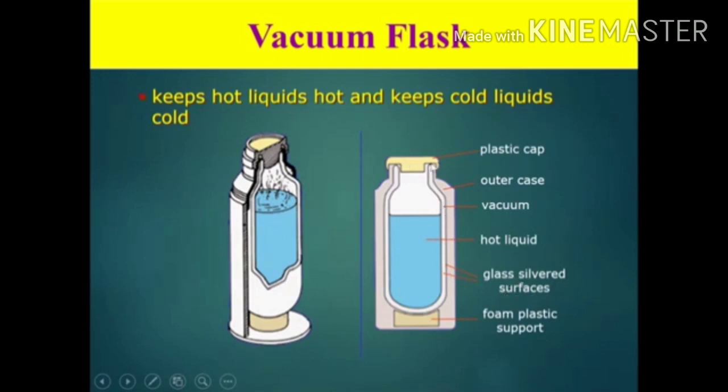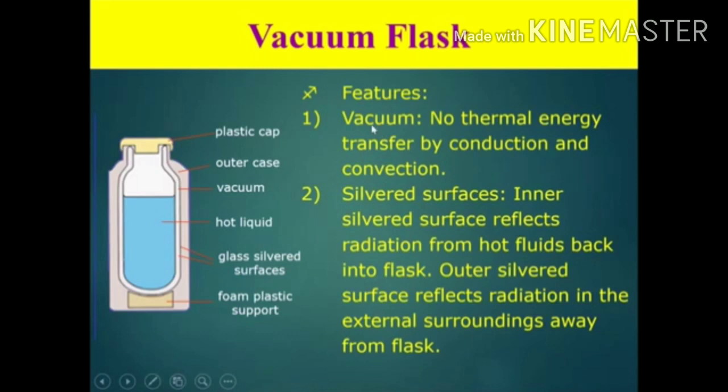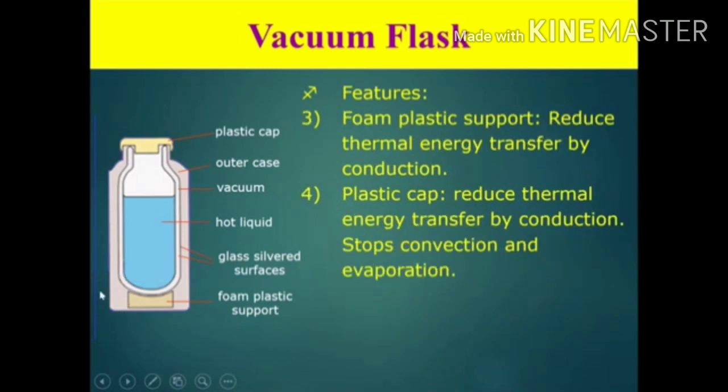The silvered glass surfaces reflect the radiant heat back to the liquid in the bottle. Conduction can only occur at the points where the two walls meet, that is, at the bottom of the flask, the foam plastic support, or at the top of the bottle, the plastic cap.